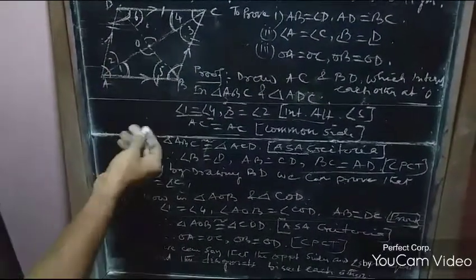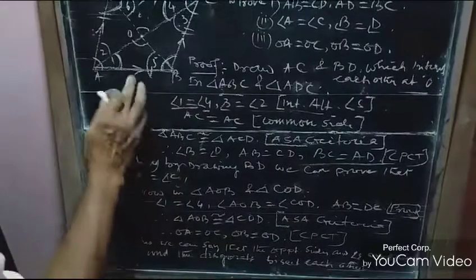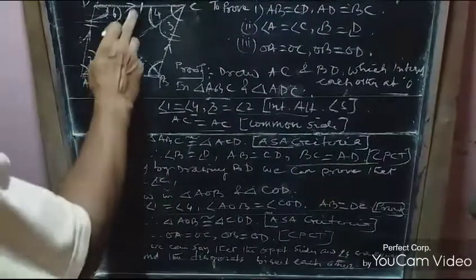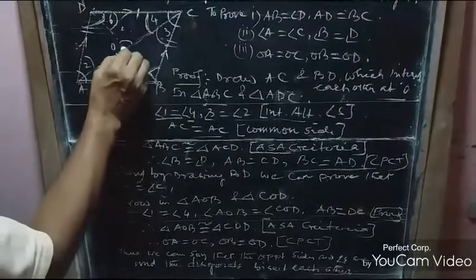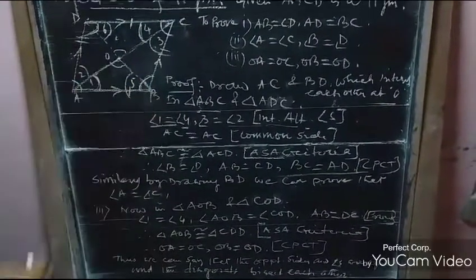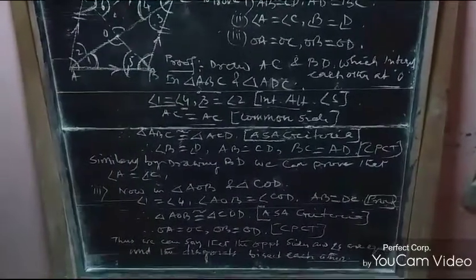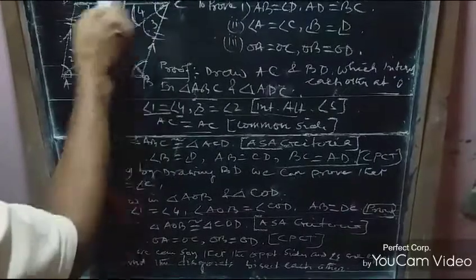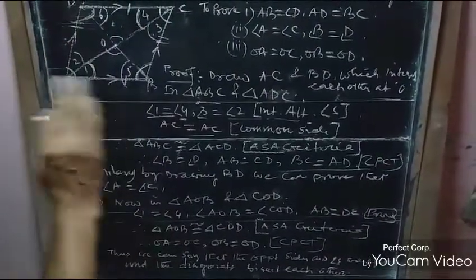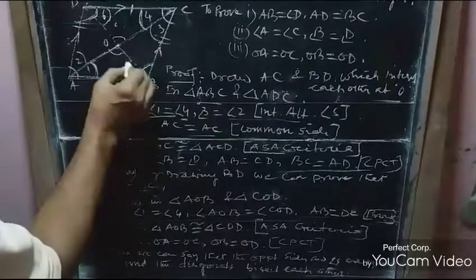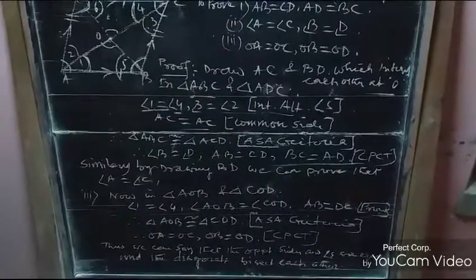So by AAS criteria these two triangles are congruent to each other. Then OA equal to OC and OB equal to OD. Thus we conclude that opposite sides and opposite angles of parallelograms are equal, and the diagonals of this parallelogram bisect each other.